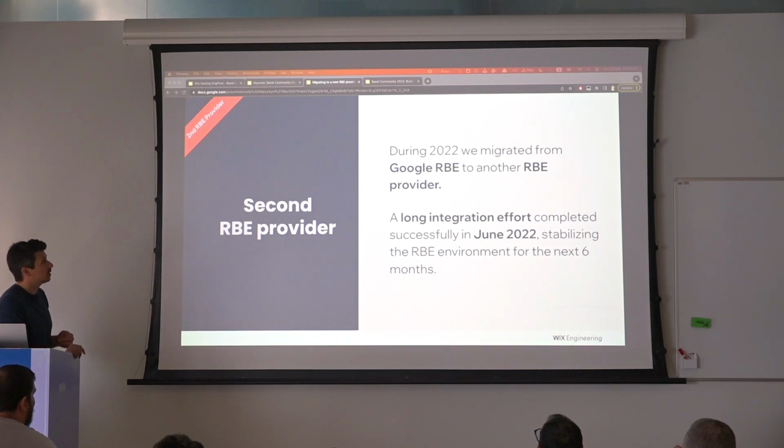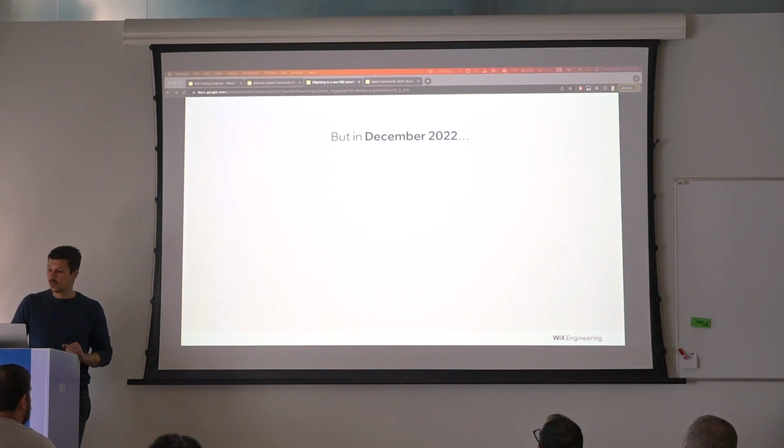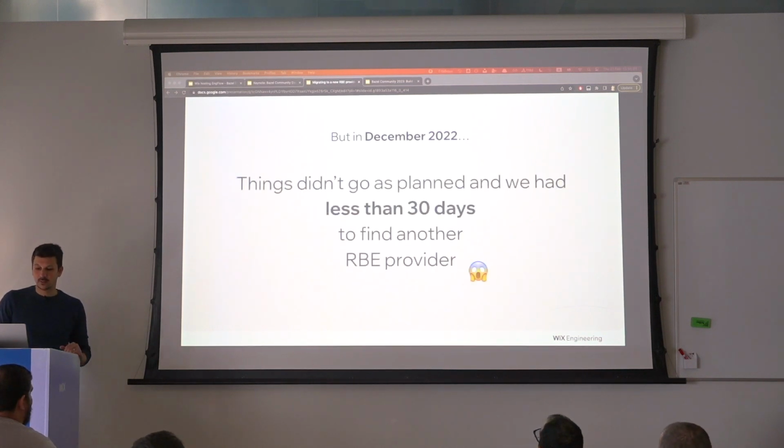We completed it in June 2022, and we had 6 months of quiet time and stabilization. But in December 2022, during the Christmas holidays, they decided that we need to find another solution, and we had less than 30 days to do it.